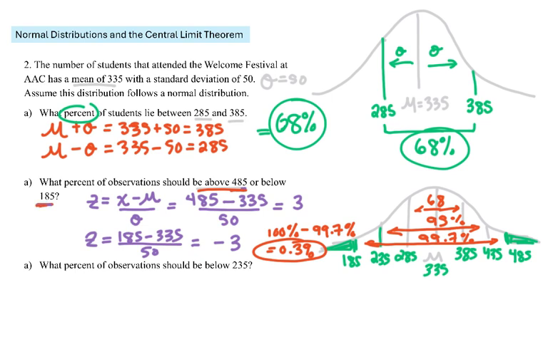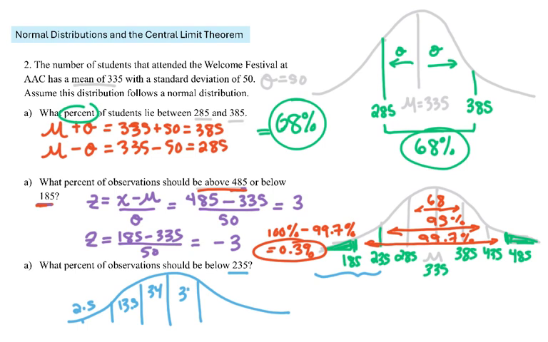Okay, last question. We will see what percentage of the observations should be below 235. So again, we'll draw this standard deviation curve. Let's draw this picture. We've got 34%, 13.5%, and over here, if we include everything, this would be 2.5%.